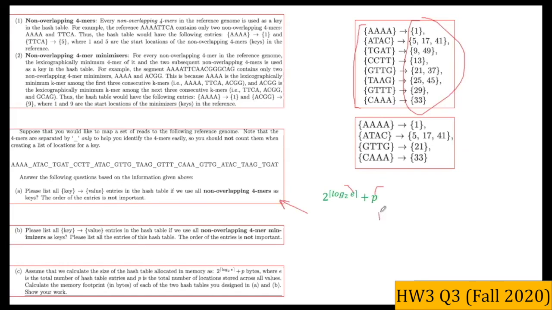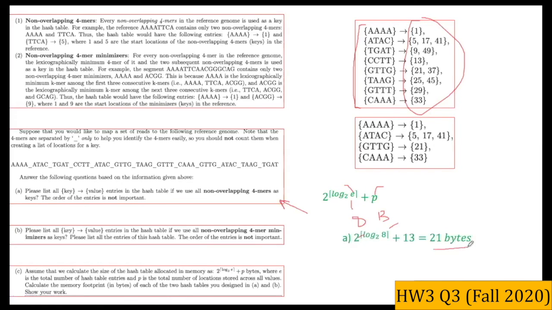So we have here 13, and we have here 8 entries. So calculating the equation with these two parameters will give you the memory footprints in bytes for the first one, which is 21 bytes.